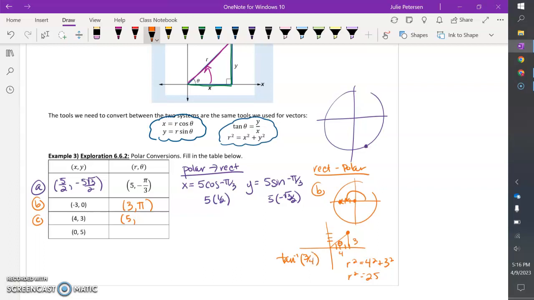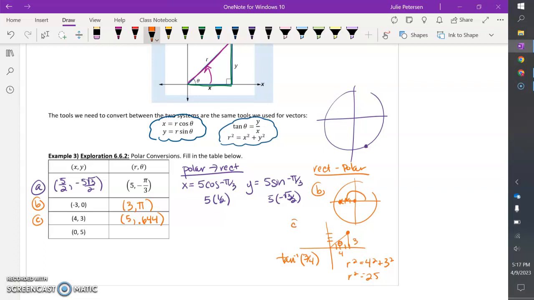Depending on what mode you're in for your calculator, you're going to get a different answer. If you're in degree mode, you're going to get something like 36.9 degrees. If you're in radian mode, you're going to get 0.644. Let's go ahead and just do the radians, 0.644. So that is our r and our theta conversion from the xy coordinates of 4 and 3.